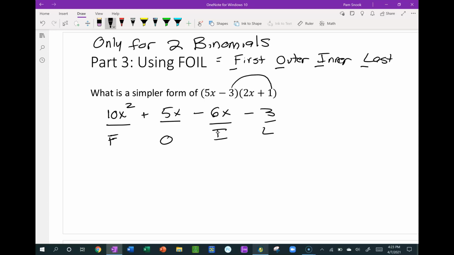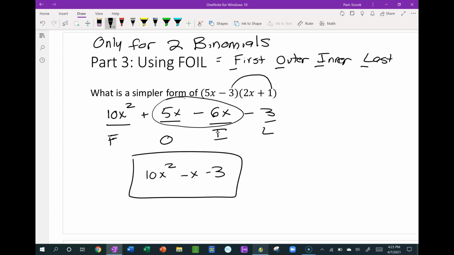Now what I'm going to do is combine my like terms together. So my final answer is going to be 10x squared. And then combine 5x and negative 6x is a negative x minus 3. And that's the answer for this one using FOIL. 10x squared minus x minus 3.